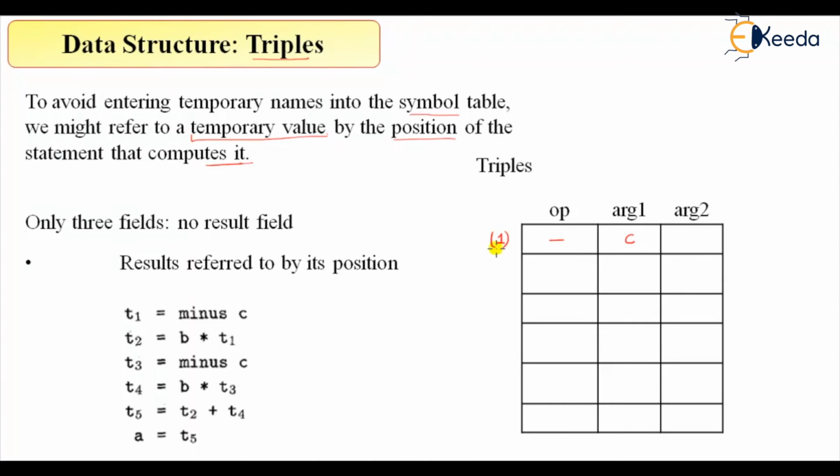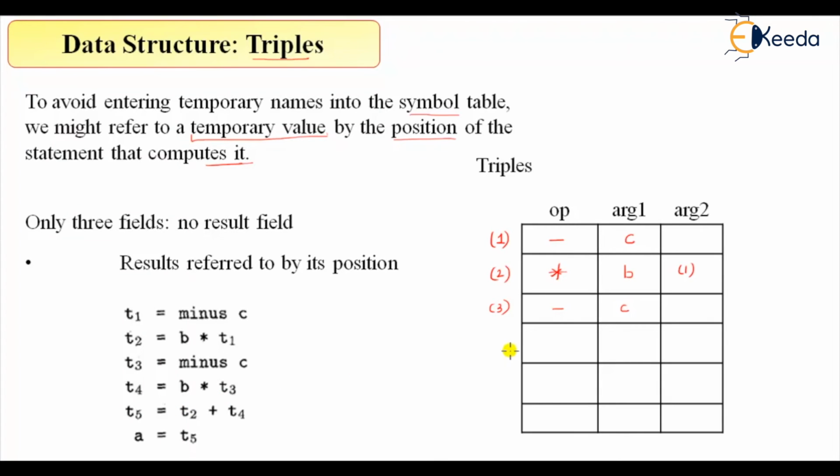Now here t2: the operator is multiplication, and b is one argument and the other argument is t1, which is referred to by position number 1, and let's call this the second position. Then again there is a minus c, and let's call it position number 3.